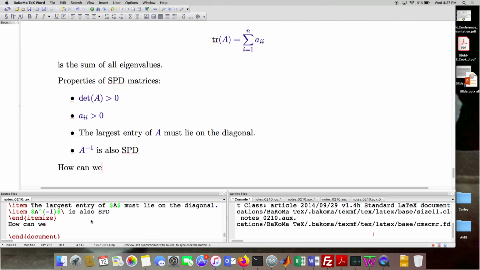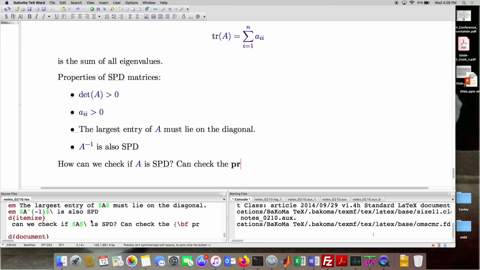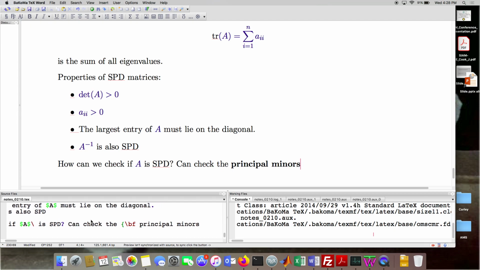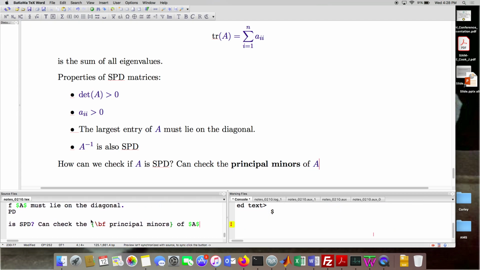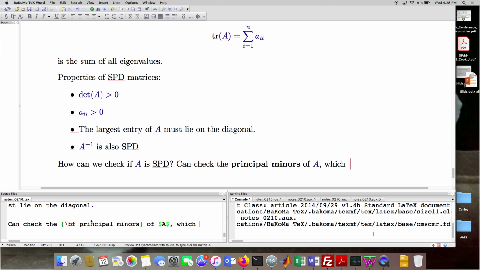So how can we check? Not quickly. You can check the principal minors of A, which has come before.